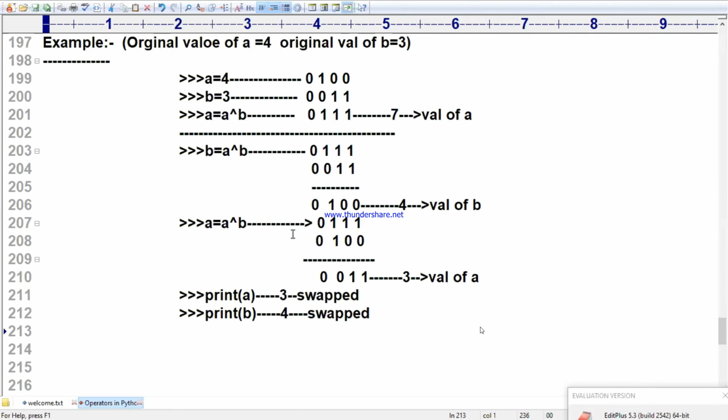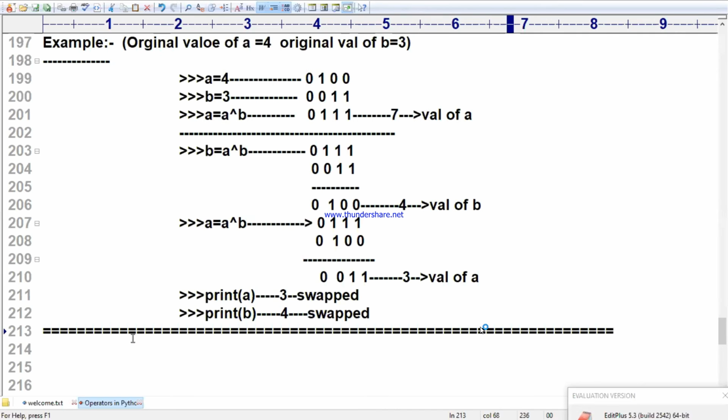Okay, do you understand XOR? Example program.